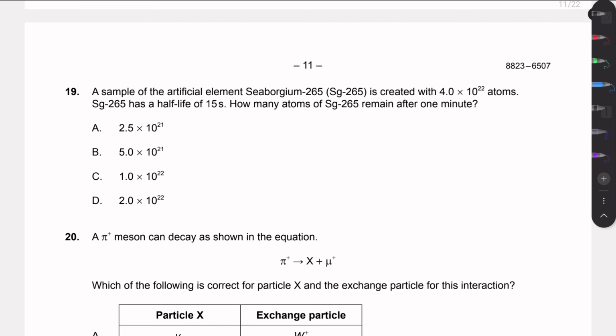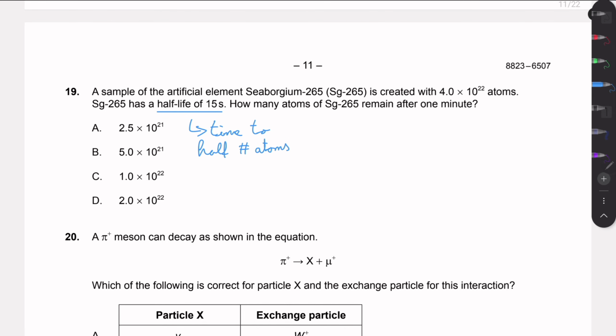Now we're given a sample of artificial element sebargoium, and it's created with 4 times 10 to the 22 atoms. We're given the half-life, and we want to see how many atoms remain after 1 minute. So half-life just gives the time to halve the number of atoms.